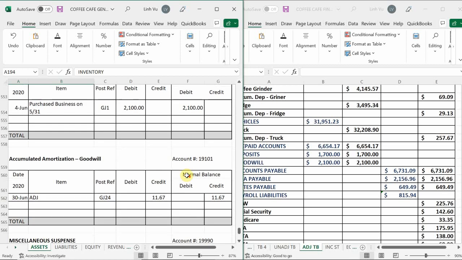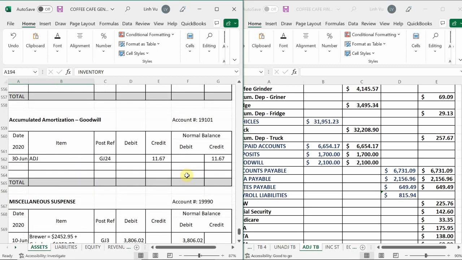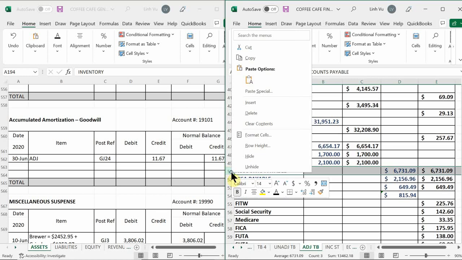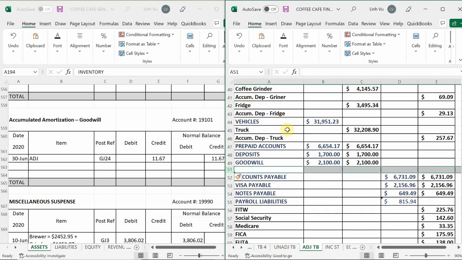Goodwill had an accumulated amortization, so therefore that will decrease the value of my goodwill. So accumulated amortization, goodwill. That's going to give me $11.67.